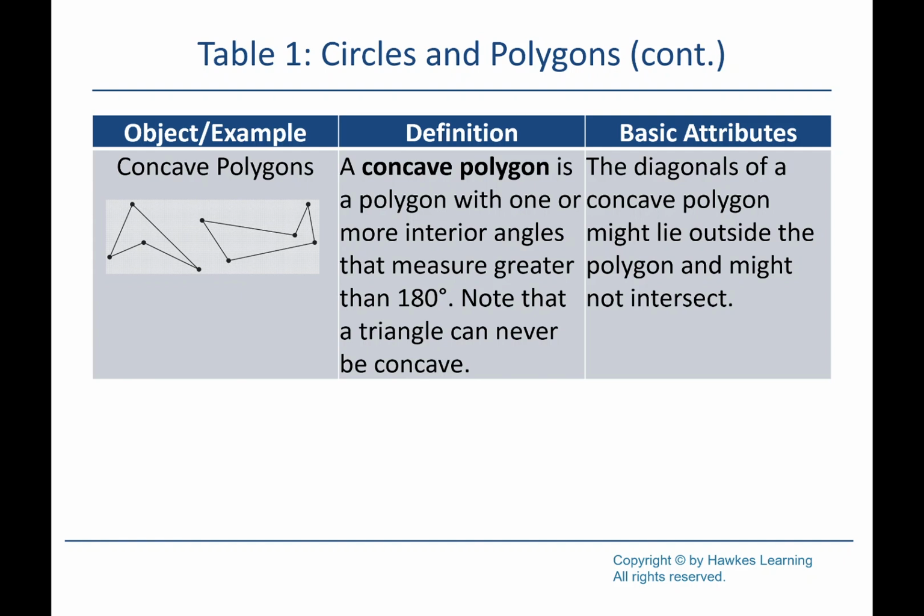You can think about it, if you try to use 3 lines and connect them together, there's no way you can make one where one of the angles is greater than 180 degrees, or you can think about there's no way you can make one where if you draw a diagonal, it is outside. But 4-sided or more, we can have concave.